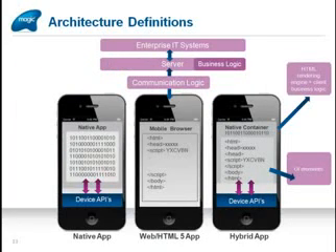Basically, the right architecture will depend on the application type, content type, level of native integration, offline support, performance objectives, and security requirements. For basic content-based applications, HTML5 architecture is mostly suitable, knowing its limitations like performance.